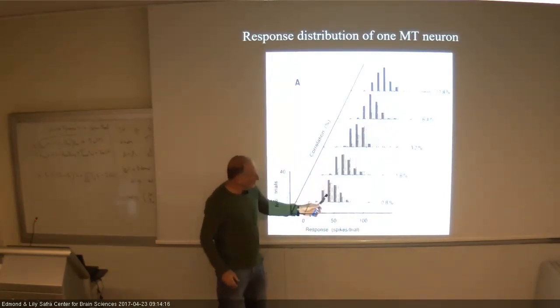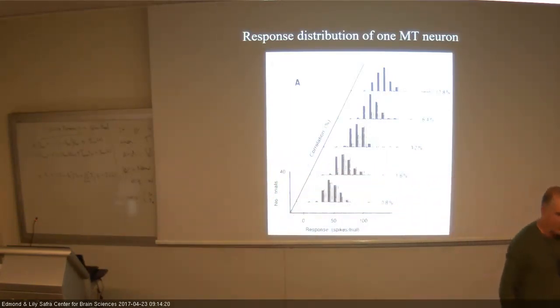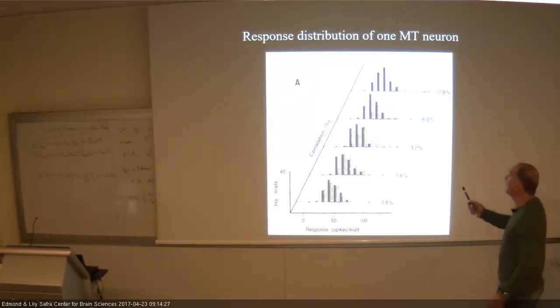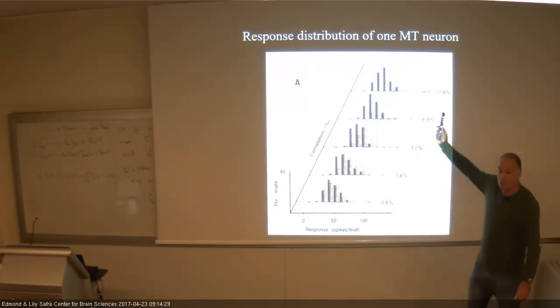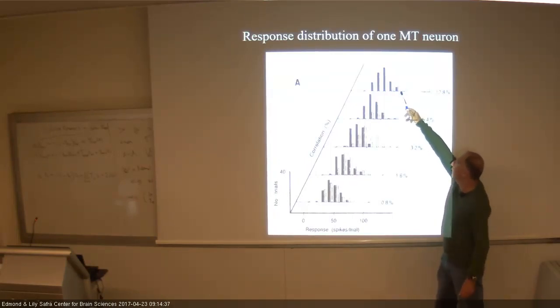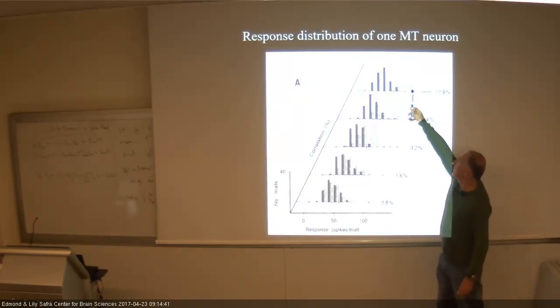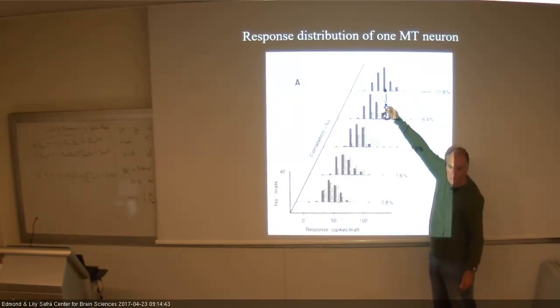Now think about it this way. First of all, intuitively, you are sitting in the other room, listening just to the output of this neuron. Can you tell if it's in the preferred direction or in the null direction? Well, at a high coherence level, it's relatively simple, because there's a criterion you can use to say that above it is the preferred direction, and below it is the null direction.